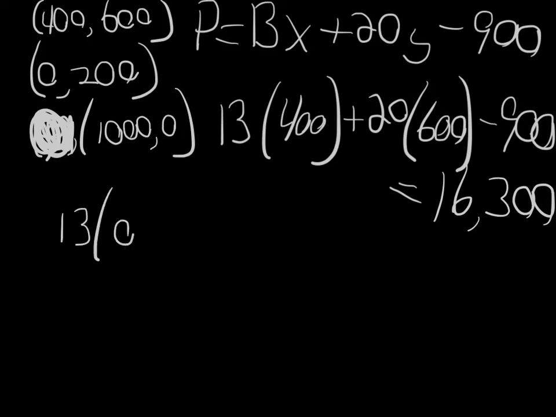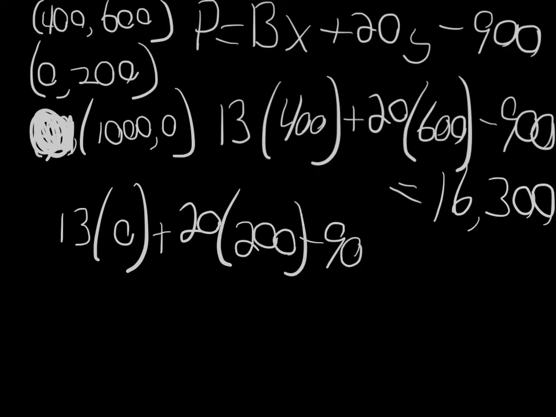13 times 0 plus 20 times 200 minus 900 equals 3,100.